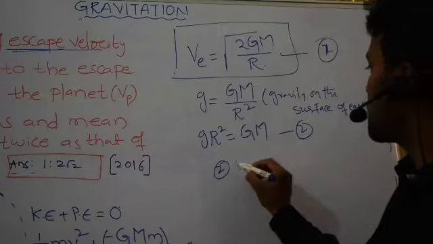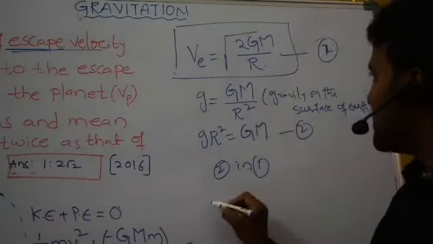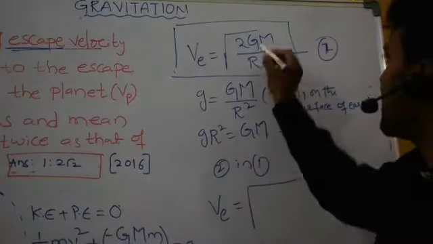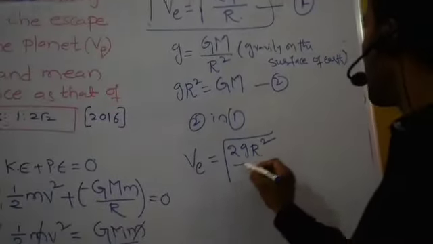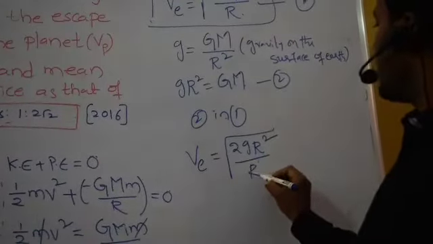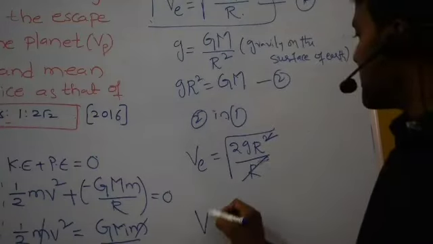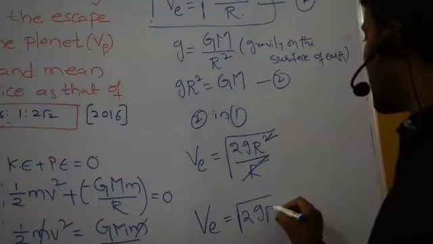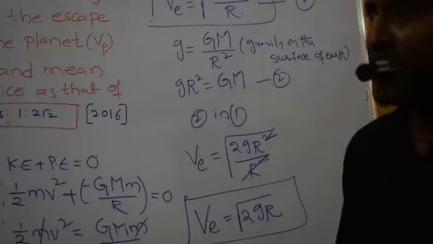Substitute equation number 2 in equation number 1. V E is equal to the square root of 2 times g r square divided by r. Here r and r square get cancelled, so V E is equal to the square root of 2 g r.